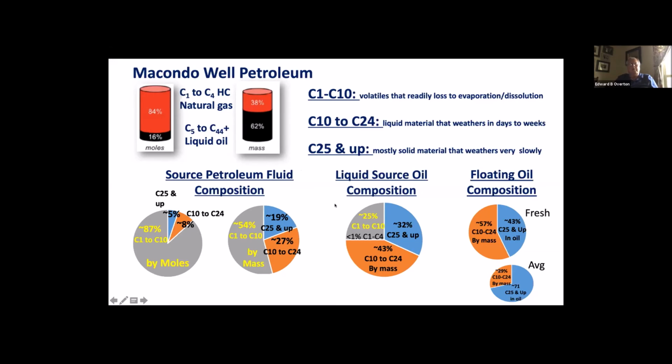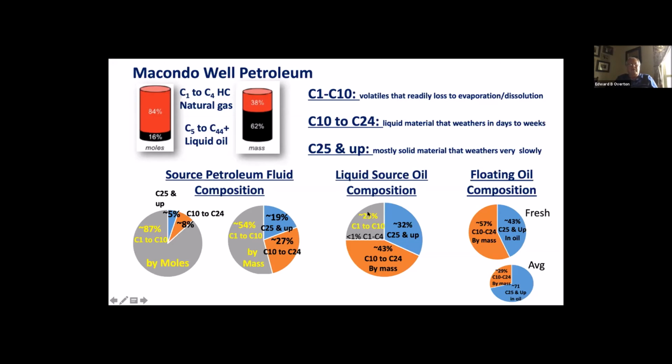Now, when that oil was spilled, the volatile components, all the natural gas, readily dissolved into the ocean, and what came up to the surface was brought up through a riser tube. It's called the riser. So it's called the liquid source oil composition, and the ships at the surface burned off most of the natural gas.